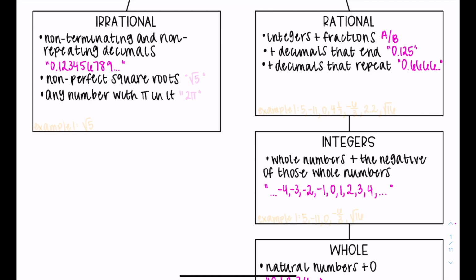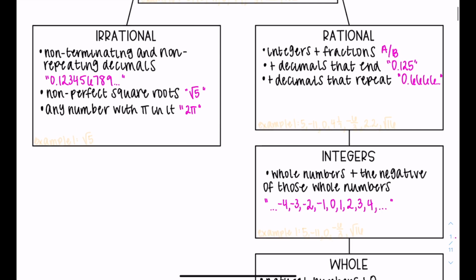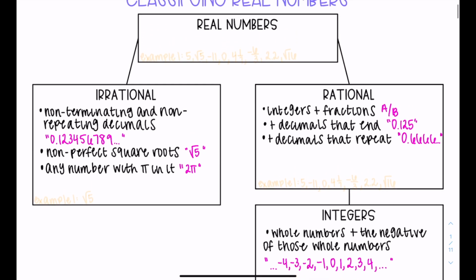So some examples, some non-perfect square roots would be like the square root of 5. And anything with pi in it could be like 2 pi. And then what we have at the top that encompasses all of these, irrational, rational, integers, whole numbers, and natural numbers, is the real numbers. And so you can kind of see the hierarchy with the chart.